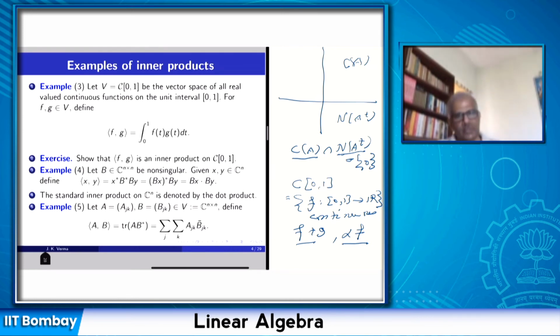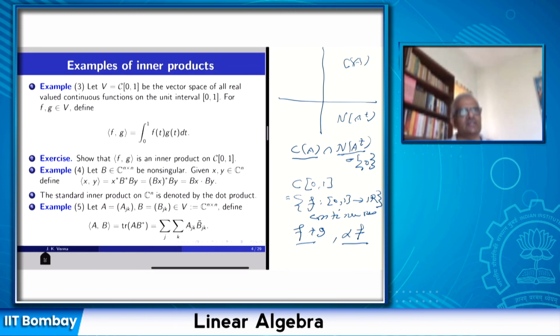Well, this is the intuition behind it: if I take a square matrix, it has n square entries. I look at the first row vector, I look at the second row vector, and so on. There are n row vectors, each one of them has n components. So when I line up these row vectors, I will get a point in n square dimensional space.